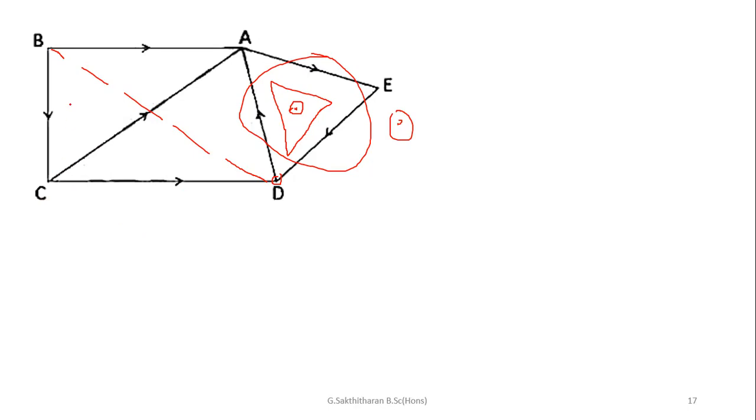Now we can get the addition of vector BC and vector CA.